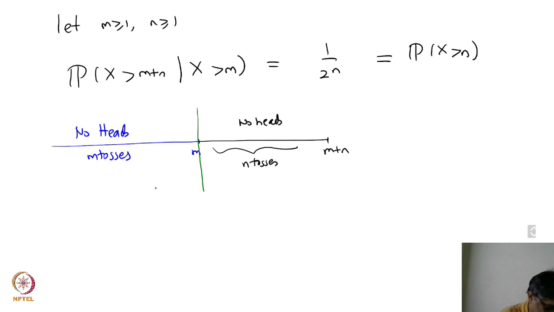This doesn't really matter. All you have to look at is that the next n tosses are fresh, and just look at the fact that there are no heads. That's all you have to look at. So all I have to look at is no heads in n tosses.